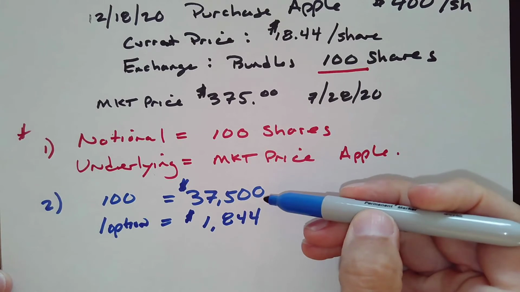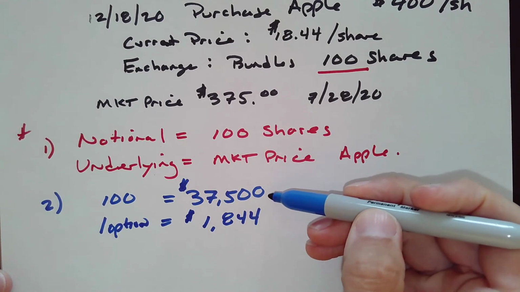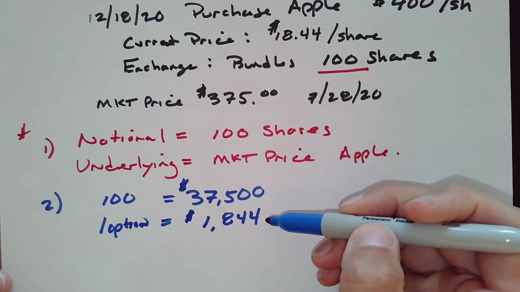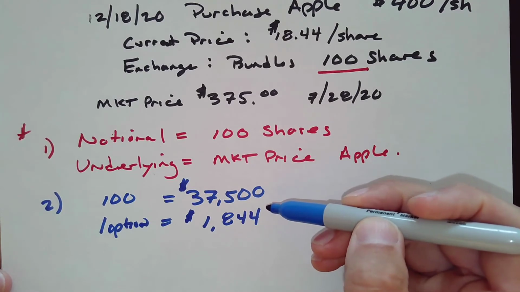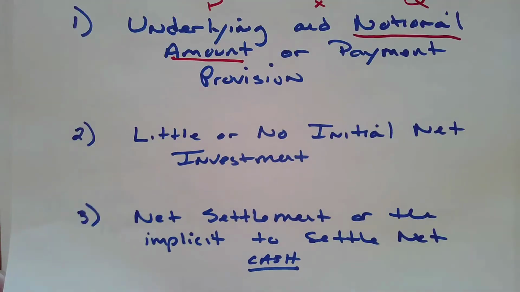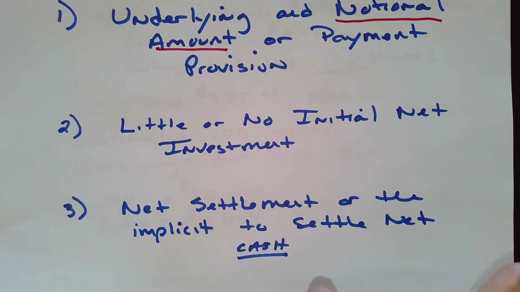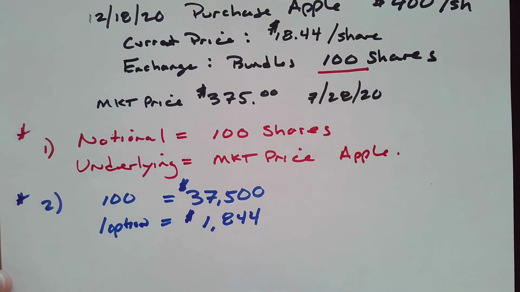So instead of shelling out $37,000 plus to get 100 shares of Apple stock, I can shell out $1,844 to get the same kind of market change. So, do you believe that that is little or no initial net investment relative to what it would cost me to buy the asset? The answer to that is yes, we pass number 2.